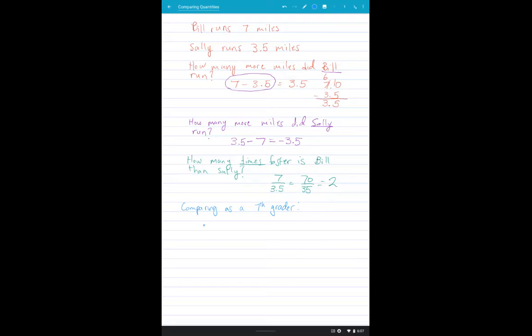You must know when to subtract or use a ratio.